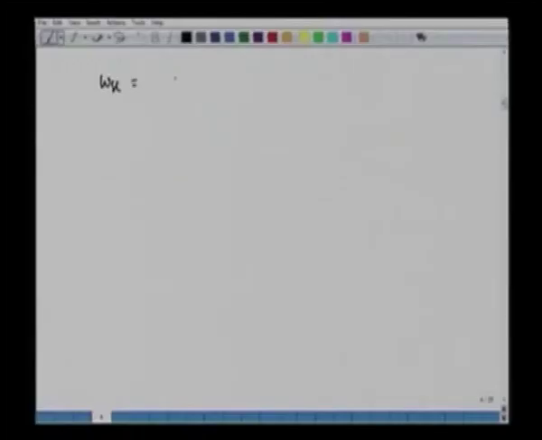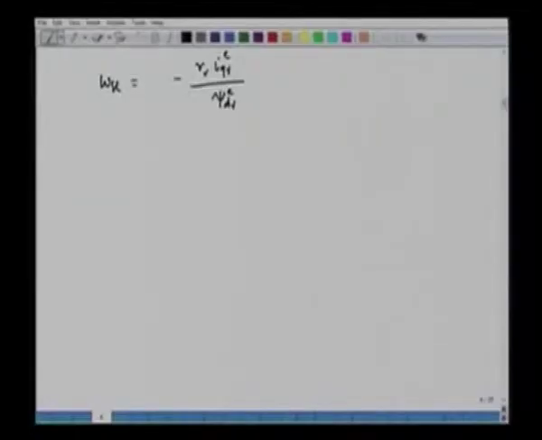Omega SL is equal to minus of RR IQR by psi dr. So this is the expression for the slip speed. Now the slip speed expression is quite interesting. The slip speed is proportional to IQR, and it is inversely proportional to psi dr.